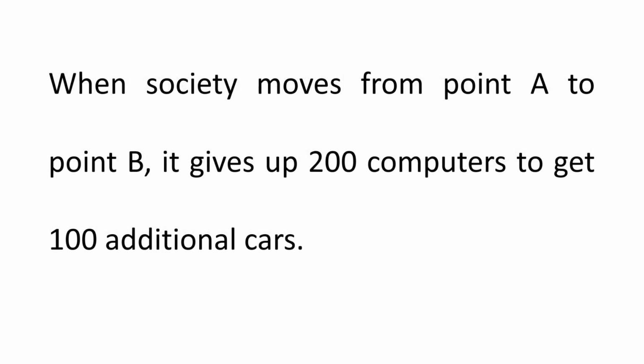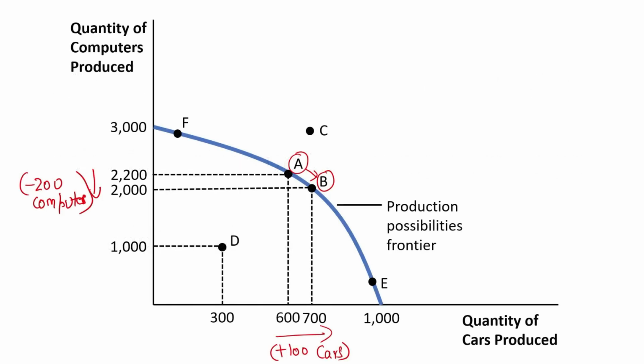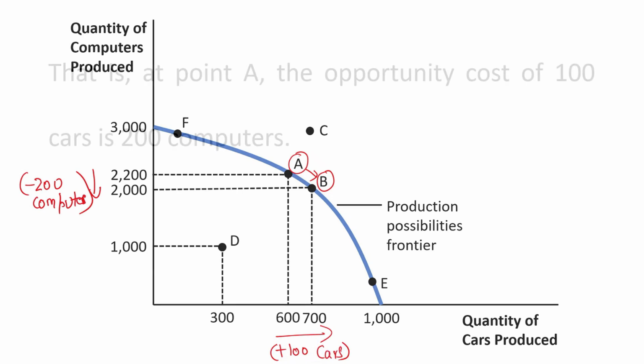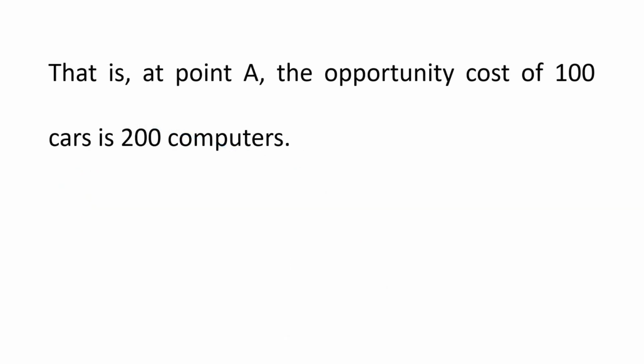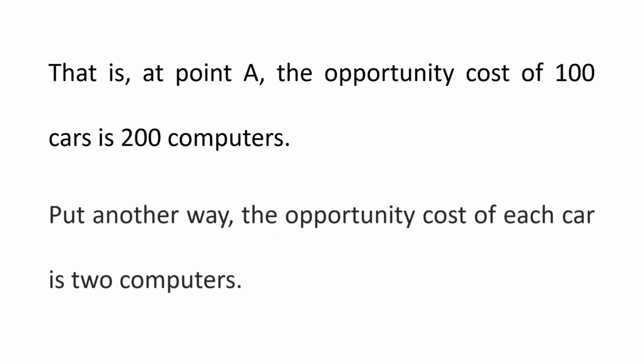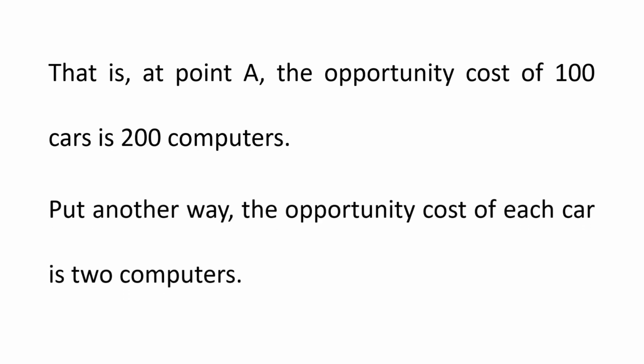When society moves from point A to point B, it gives up 200 computers in order to get 100 additional cars. That is, at point A, the opportunity cost of 100 cars is 200 computers. Put it another way, the opportunity cost of each car is 2 computers.